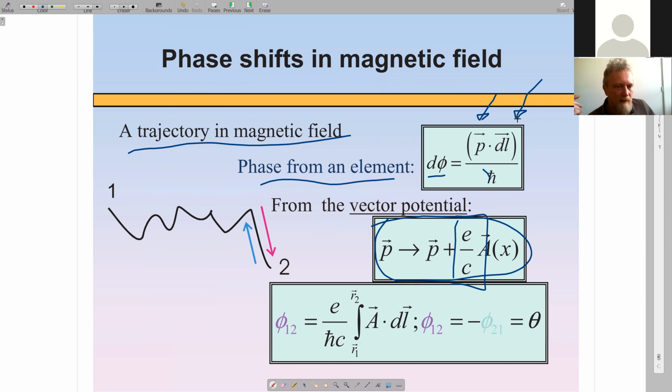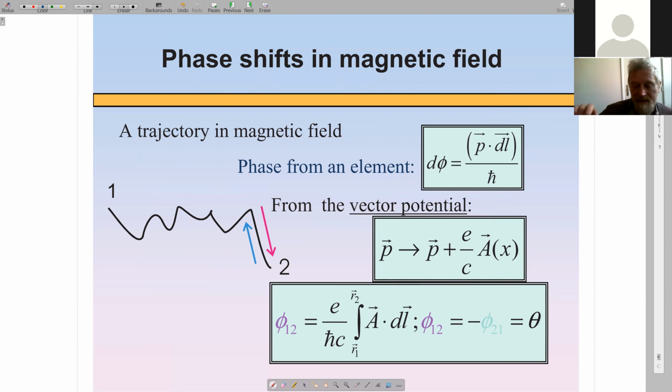Now I need to recall some formulations of classical mechanics in the presence of a magnetic field. And I wonder if you remember this or not, or have heard about this or not. This is actually a question to answer in chat, but I will tell you, it looks like a modification of the momentum.